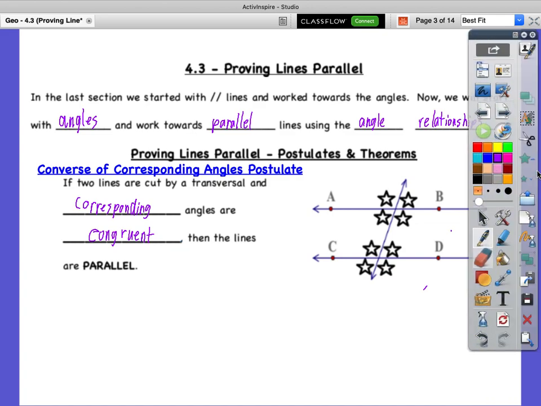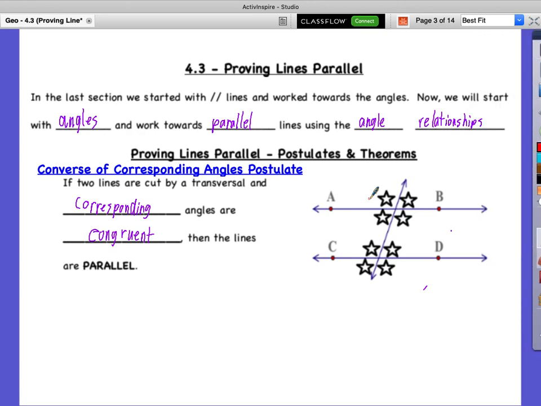Okay. So let me say here, somebody tell me a set of corresponding angles. Justin. The two bottom stars? Yeah, the two bottom, like these two?